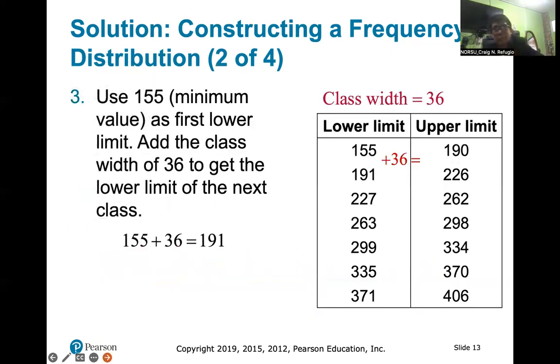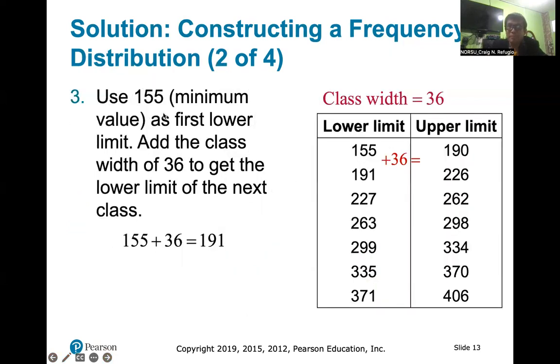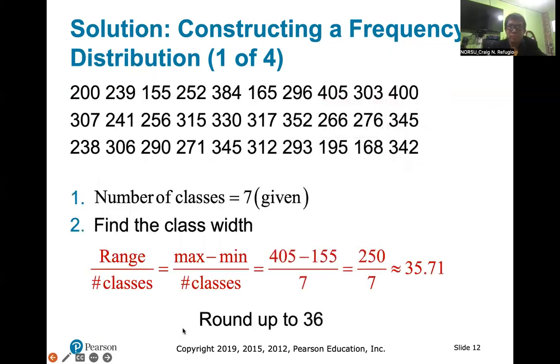So the third one, use 155 as the minimum. If you look, the lowest one is 155. So we have 155, the minimum value, as the first lower limit. Add the class width. You know the class width is 36 from our previous computation.